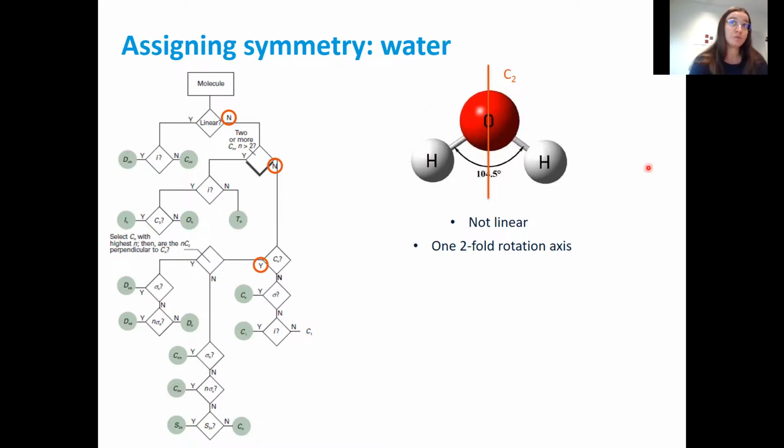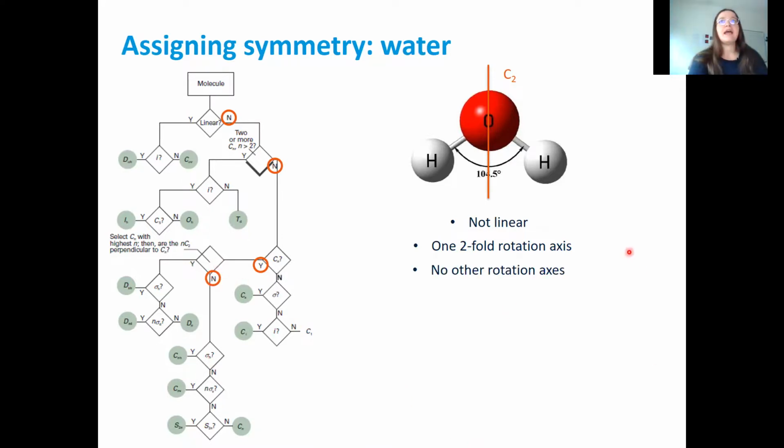The answer in our case is absolutely not. If you put it perpendicular here, a C2 does not keep the molecule symmetric. If you put it in the other perpendicular, which is going out of the slide page, it's still not symmetric, because you will spin this around and find yourself with this on top here, which doesn't make the molecule symmetrical. So the answer here is no.